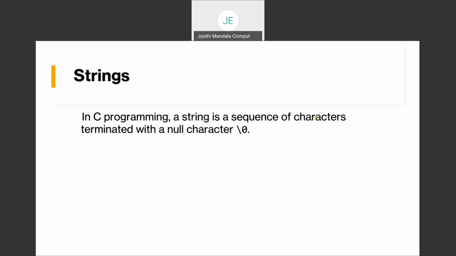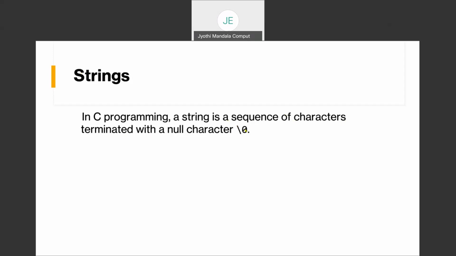And one more thing you need to understand here is, in an array, if you are storing all integer values, all float values, all double values, there is no need of a termination character. Whereas when it comes to strings, where you are storing all character values, you need to have a termination character which is called \0. By default, it will be added by the compiler.